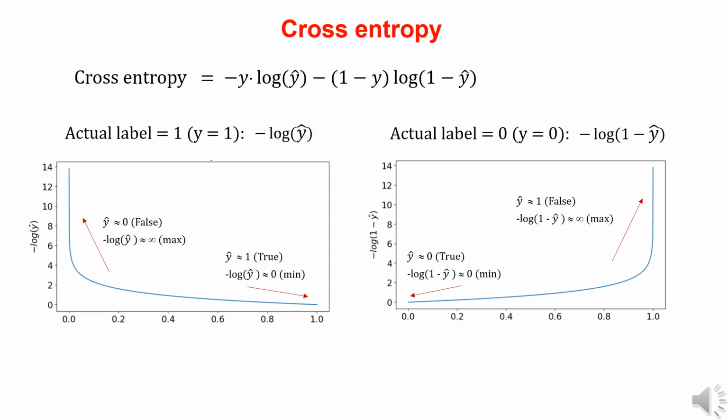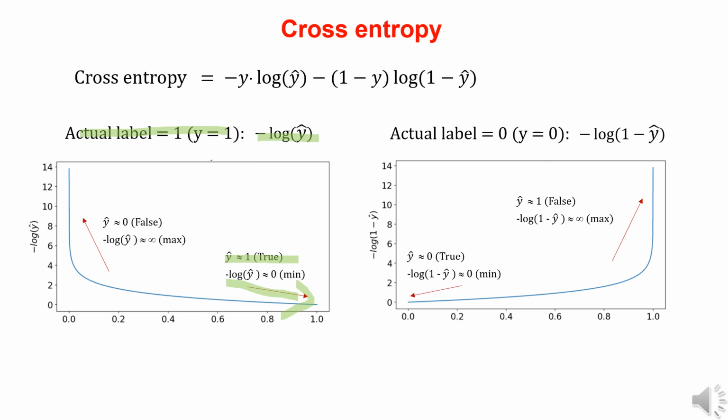Now, let's examine this graphically. First, when the actual label is 1, the cross entropy is minus logarithm of y hat. If y hat correctly predicts the actual label with 100% accuracy, the cross entropy approaches 0, reaching its minimum value.